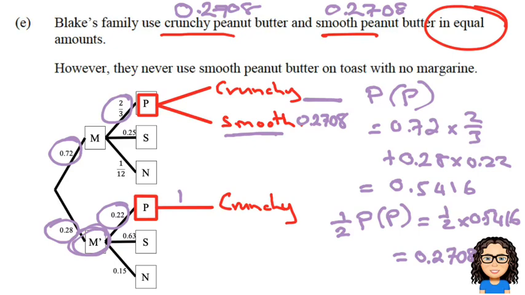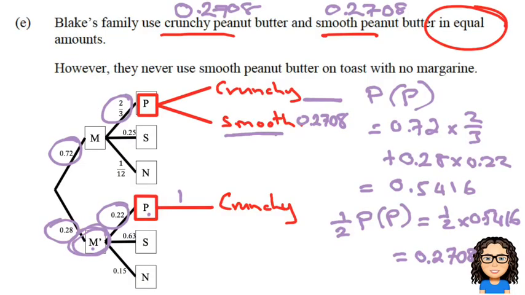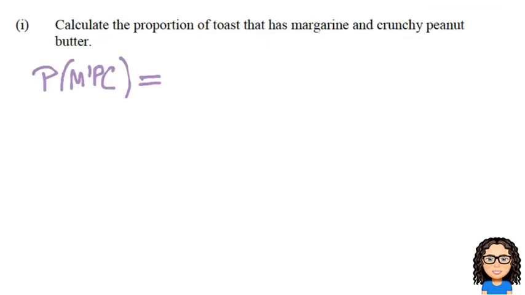I know that the probability of no margarine, peanut butter, crunchy is 0.28 times 0.22 times 1.